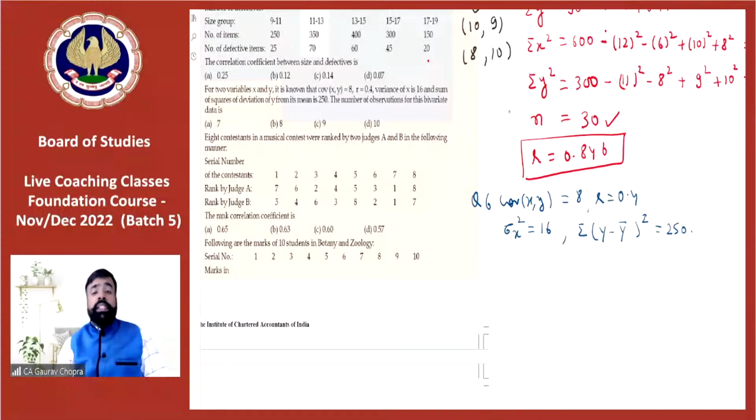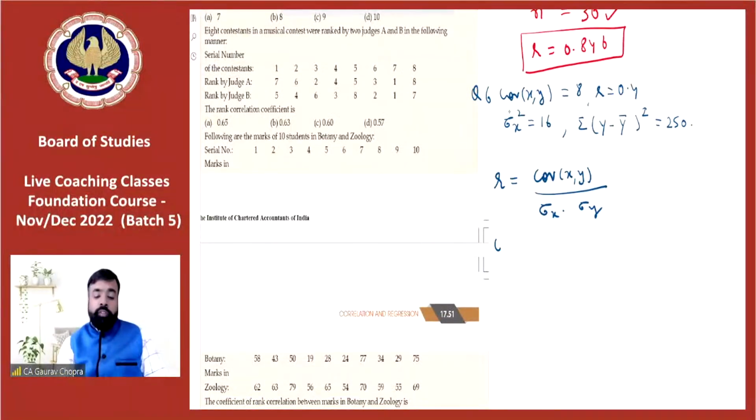Now see, covariance is given, R is given, so we can use the formula for R: covariance of x and y upon sigma x into sigma y. The value of R is 0.4, covariance is 8, and sigma x is 4.